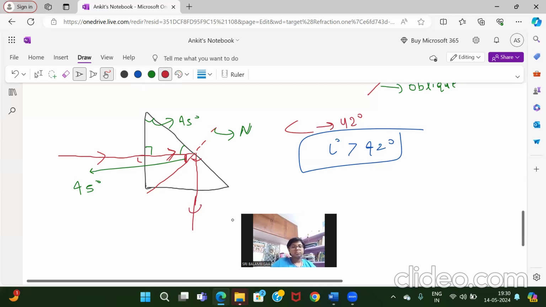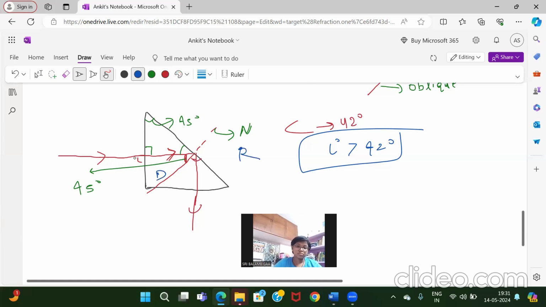Previous topic, did you revise the critical angle topic? Yes, sir. But now I'm feeling confused. Why? See, light is going from denser to rarer. This is the denser medium, this is the rarer medium.